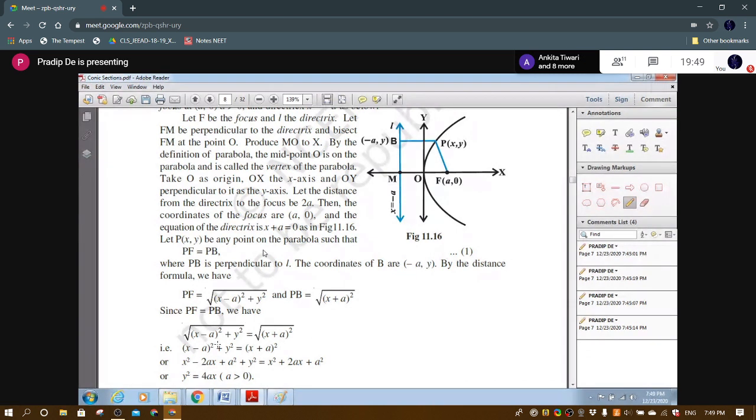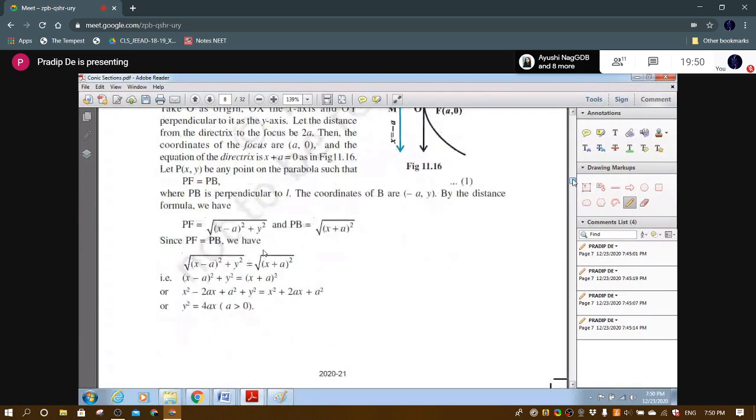So removing the square roots, we get (x minus a) whole square plus y square is equal to (x plus a) whole square. Simplify it and you get the equation y squared is equal to 4ax. This is the standard form, first standard form of parabola. Y squared equal to 4ax, where a is positive.